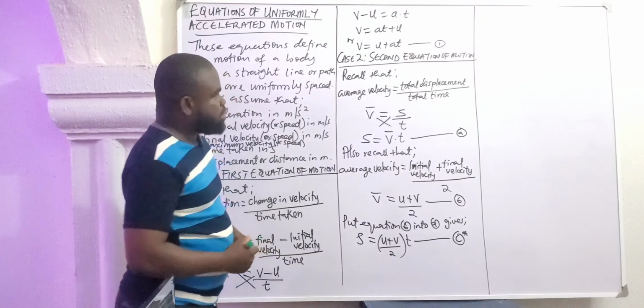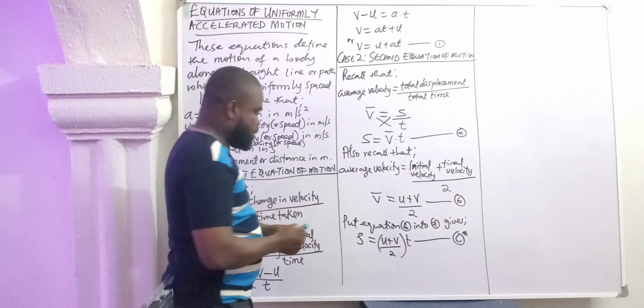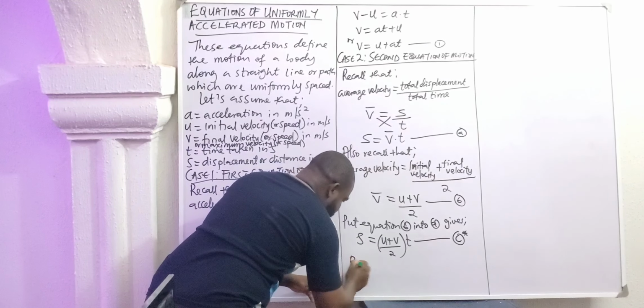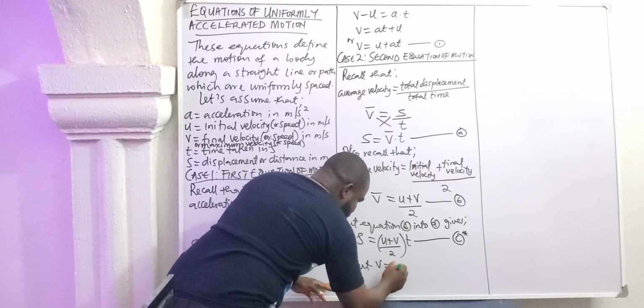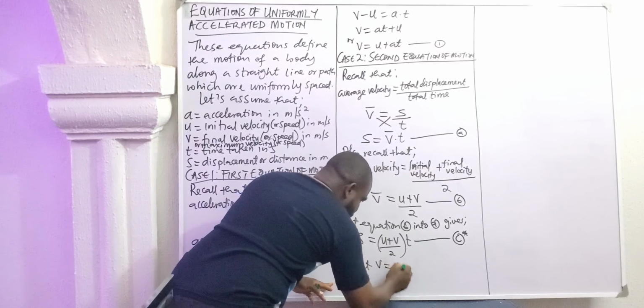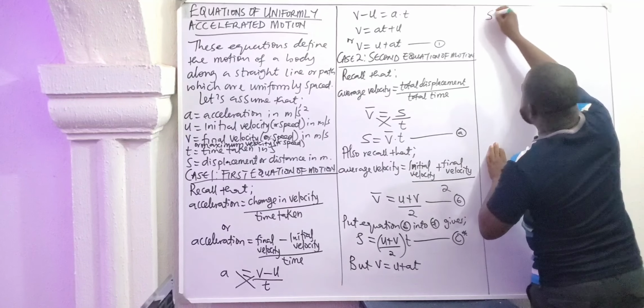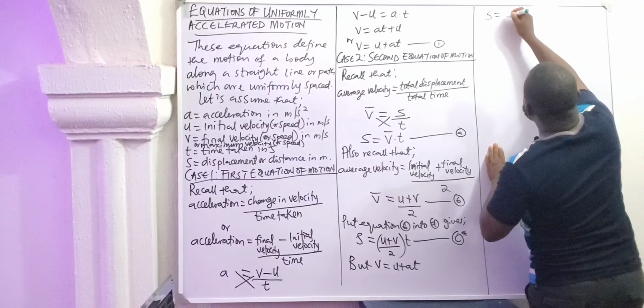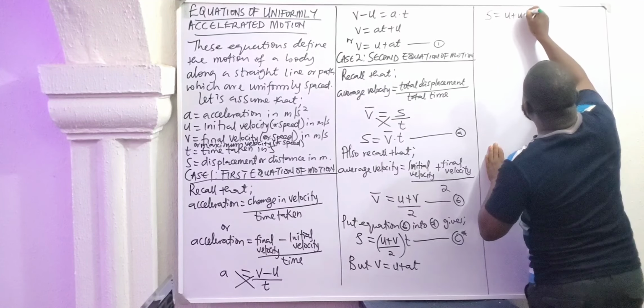Now recall equation 1, V is equal to U plus AT. So I will put it here. So we say but V is equal to U plus AT, which if you substitute, you will have that S is equal to U plus AT all over 2 multiplied by T. U plus U will be 2U.